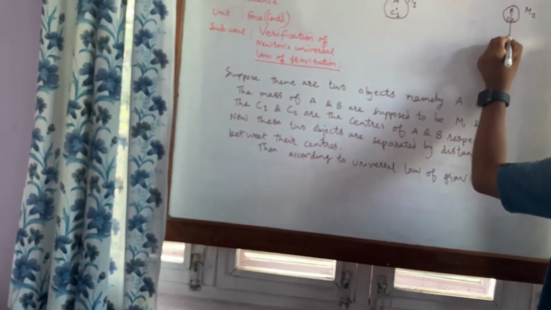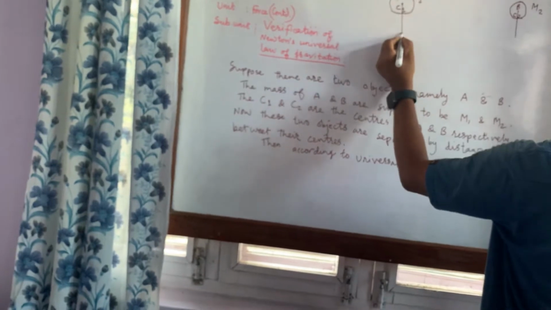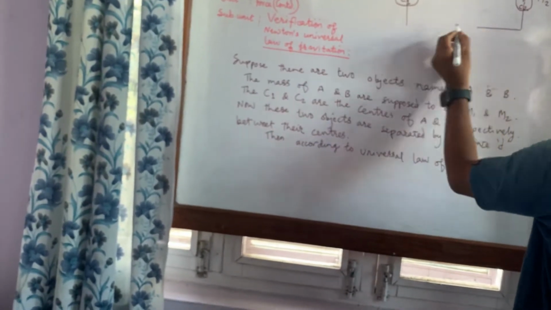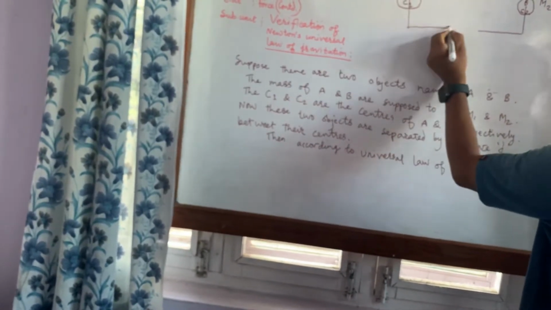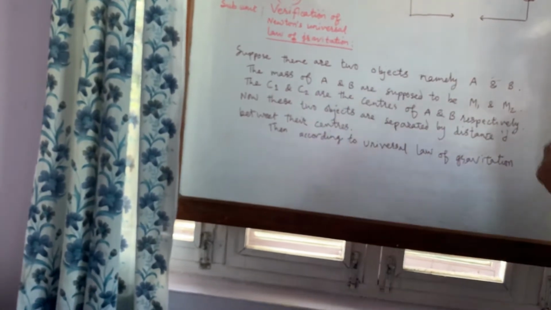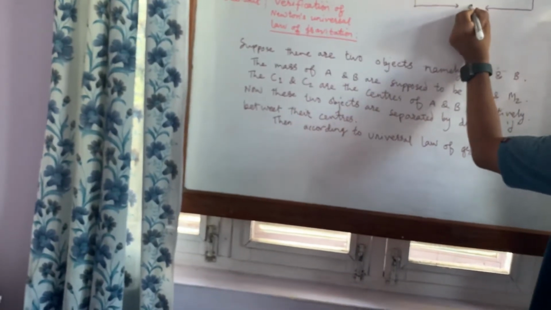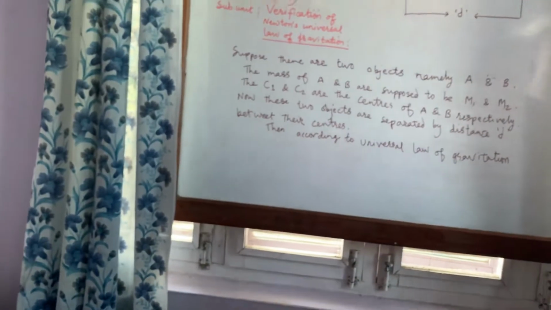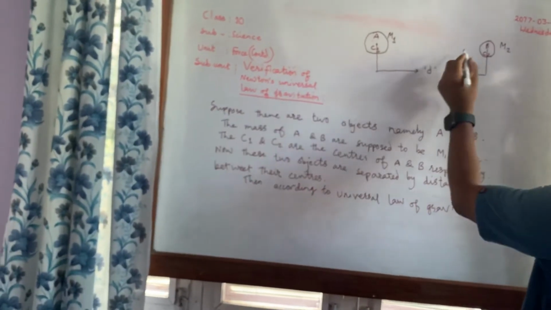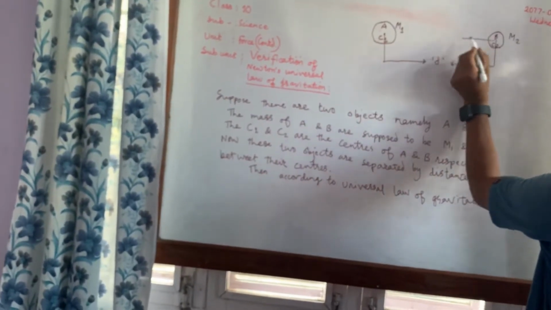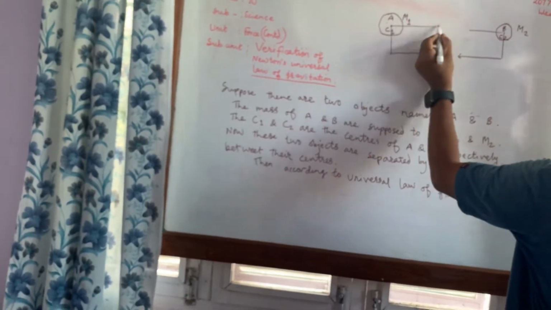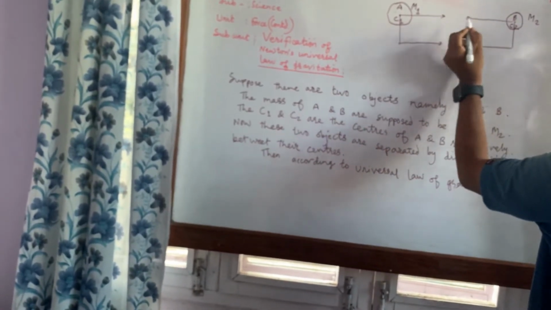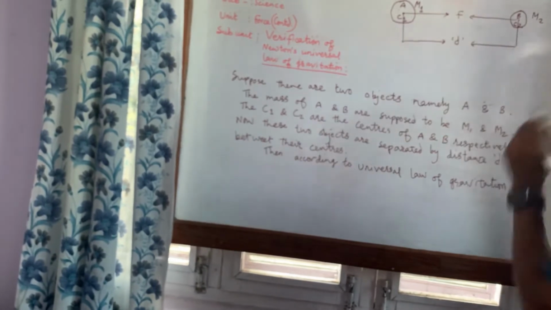Now the distance between these two objects is d. Then there will be a mutual force of attraction between them, which is F.